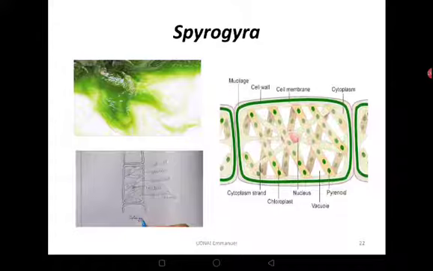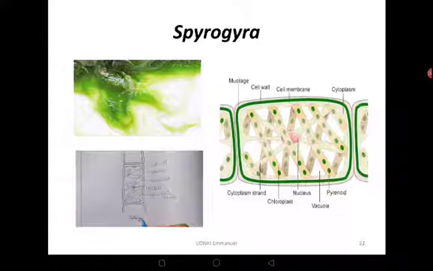Then inside we have the cell wall for protection, and then we have the cell membrane, which allows movement in and out of materials, the cytoplasm, the site for many metabolic activities, the pyrenoid, for storage of starch or sugars.